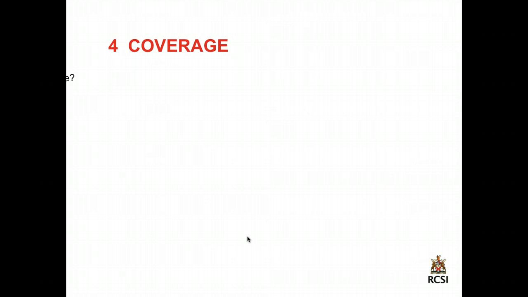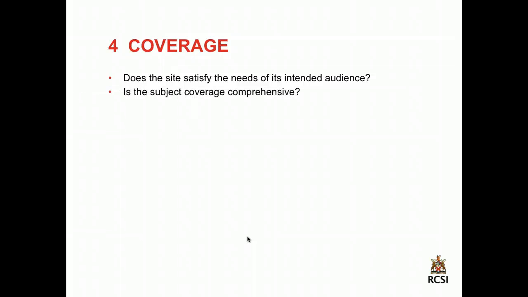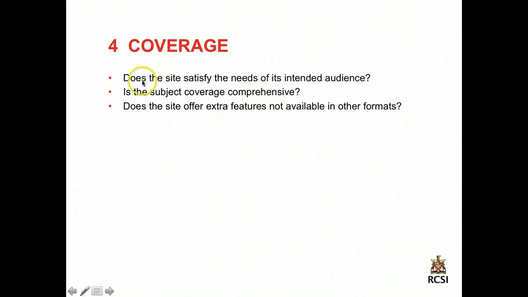So, fourth, coverage. Does the site satisfy the needs of its intended audience? Is it comprehensive? And does it offer extra features not available in other formats? So, is there a search feature? Has somebody gone to the bother of building in website functionalities that they want to use the medium to promote their aims?